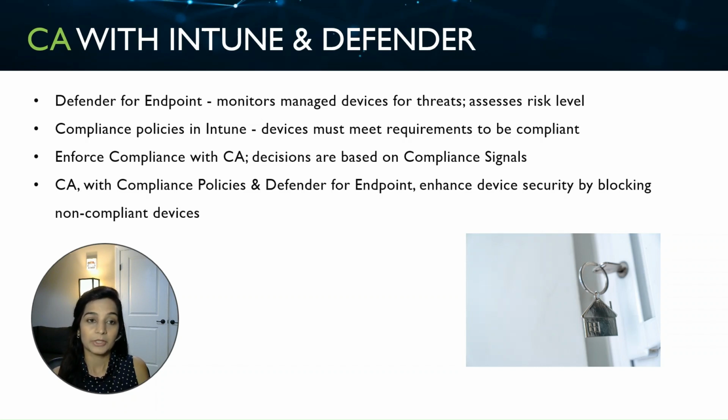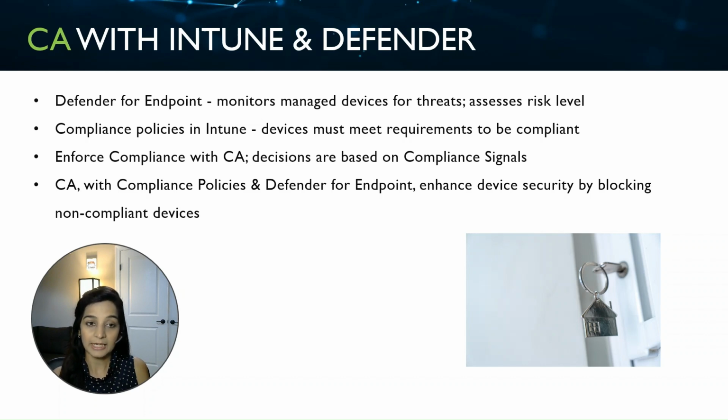Now, assume a particular Windows device in the environment is not at the minimum OS level that we specify. Then you can have that device automatically flagged as non-compliant using a combination of two things: your compliance policy settings and the risk level that Defender for Endpoint sets on the device. Further, these compliance policies can be combined with conditional access, which can then block devices that are non-compliant.